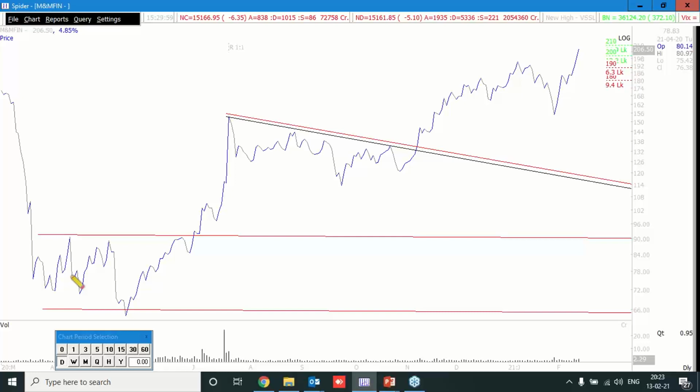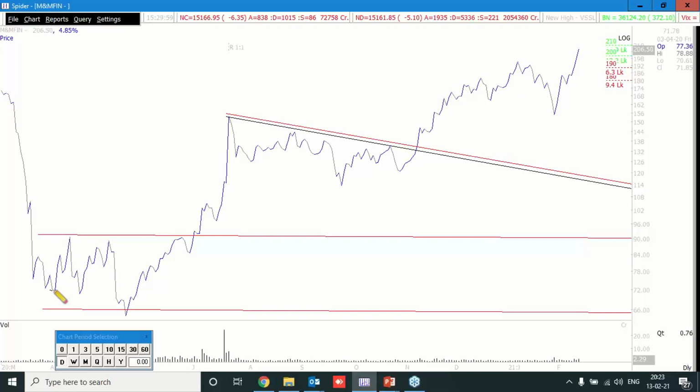So it gave an indication of a breakdown initially when it broke here at this particular point. But then the stock actually reversed from these lows, which was in line with the low spike at this particular point. And eventually on the higher side, when it clearly went past these resistance areas, the big move really took off.